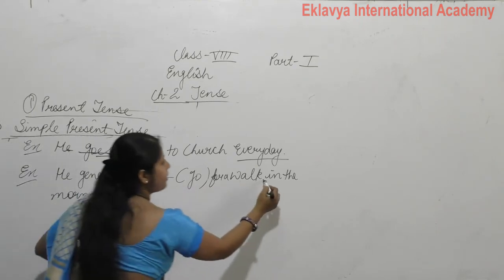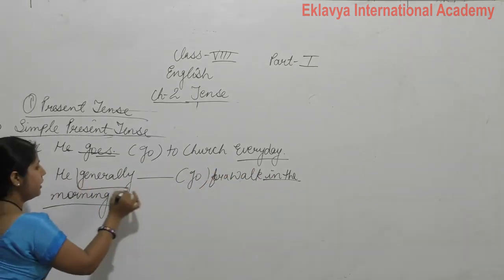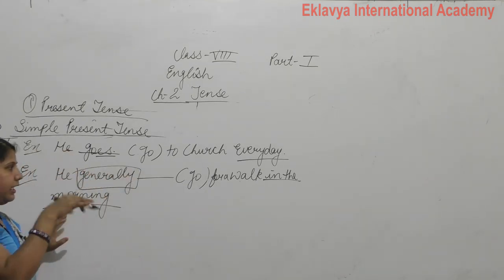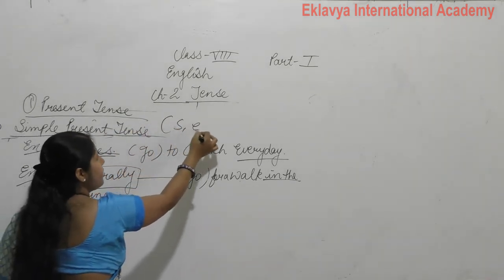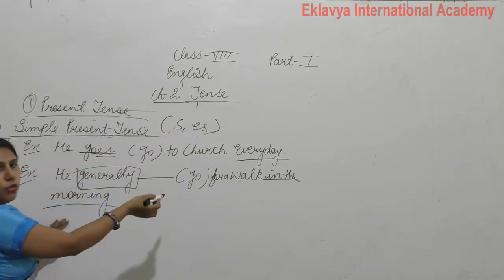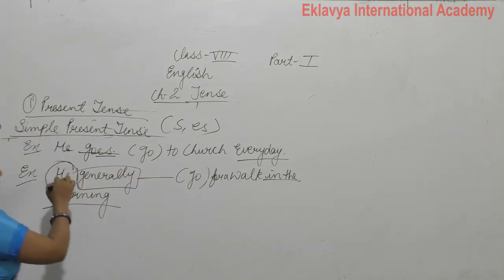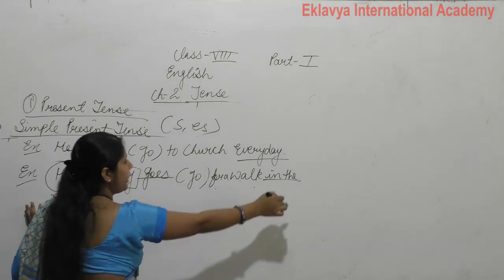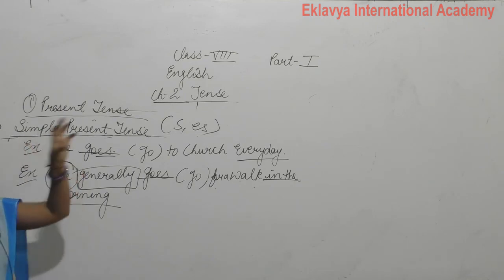By this indication, by in the morning, or with the help of generally. Now we identify that this is simple present tense, and in this we use s or es. So this go changes into goes according to the third person: he goes for a walk in the morning.